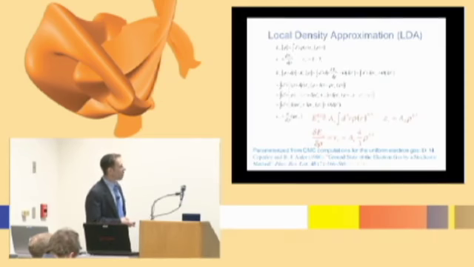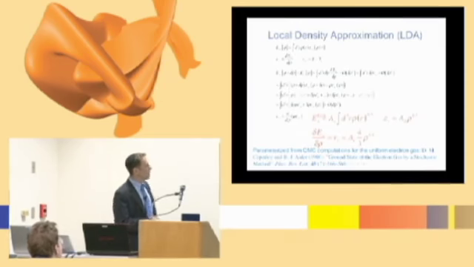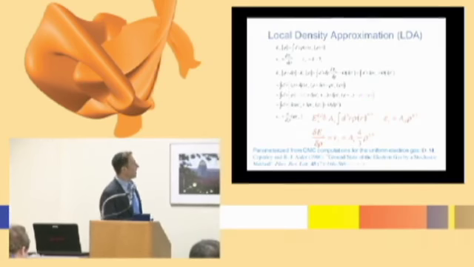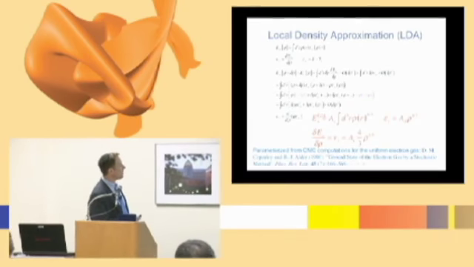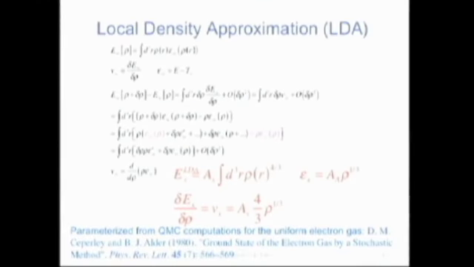Now, in the local density approximation, what one does is the simplest possible thing. You say that I'm going to assume that this exchange correlation energy is just given by this exchange correlation density at each point that comes from the charge density. So this is just going to be a simple function of the charge density at each point, and then we'll just integrate over the density over space.